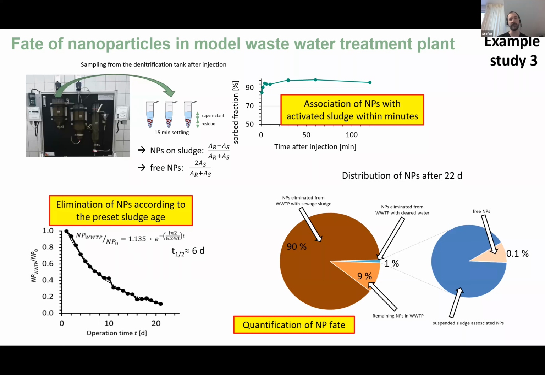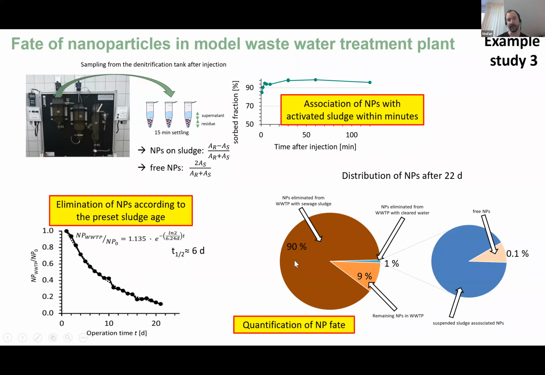It's basically how much sludge you take out of the wastewater treatment plant that controls how fast they are eliminated.